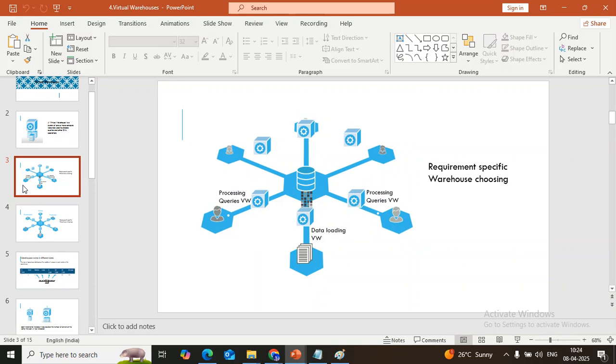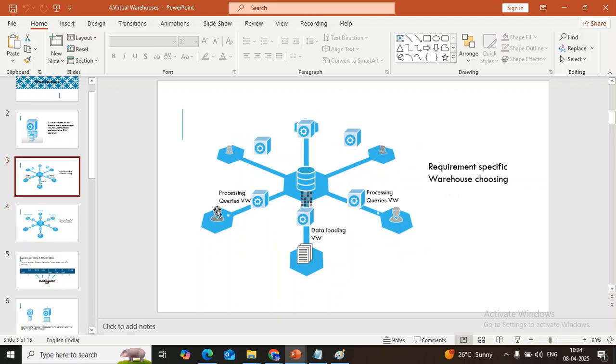If somebody asks, you can mention that it varies from organization to organization, but we can define our virtual warehouses on a requirement-specific basis or also on an environment-specific basis.